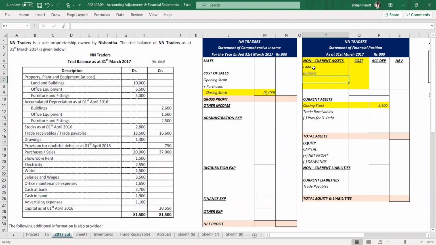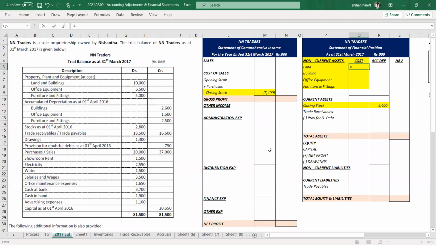Land, building, office equipment, furniture and fittings. Then you have to record the cost.